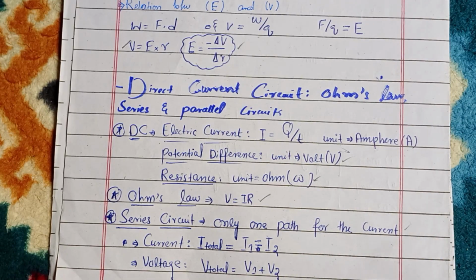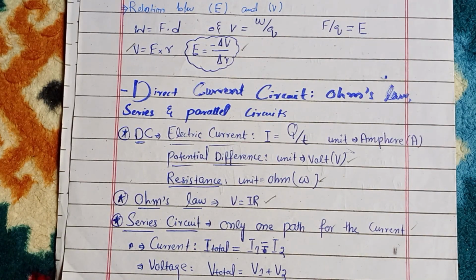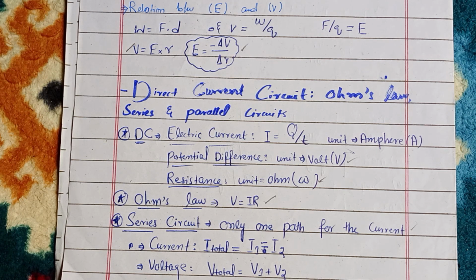This is the important point in the series circuit: the current is equal, I = I1 = I2, meaning that there is only one path for the flow of current, so the current will be equal.